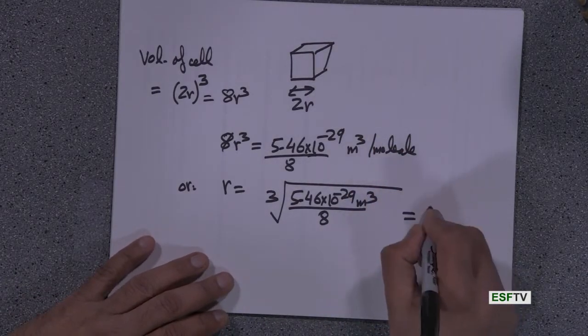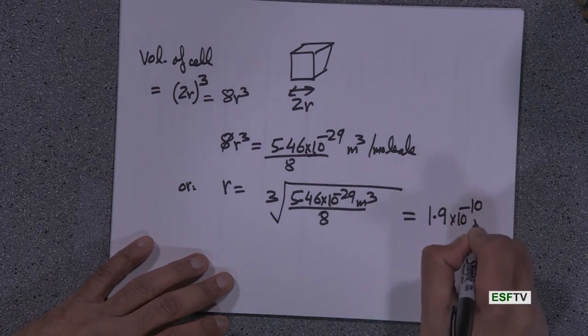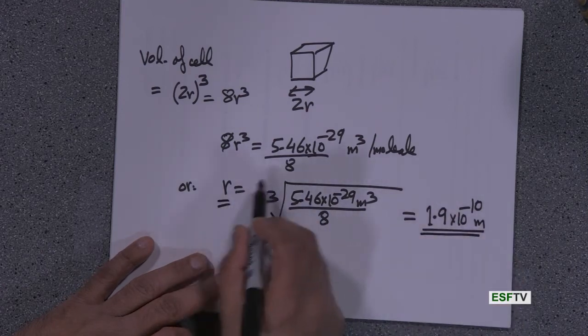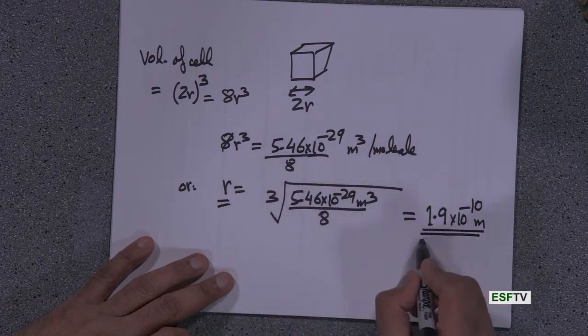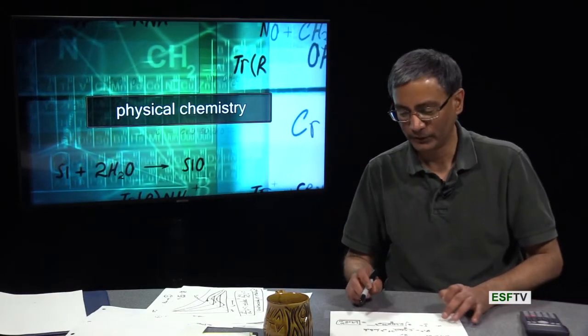I get about 1.9 multiplying 10 raised to the negative 10 meters from this. That's the value of r. So I divide by 8, take the cube root. That's an estimate for the radius of a methane molecule.